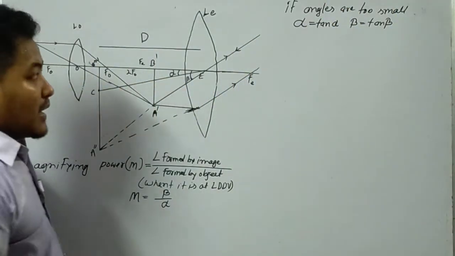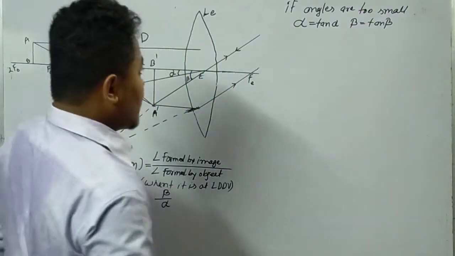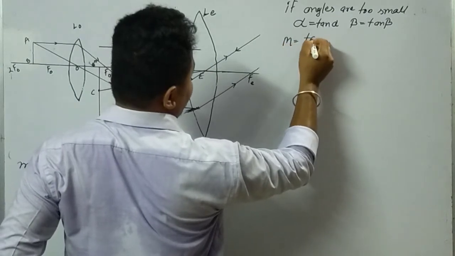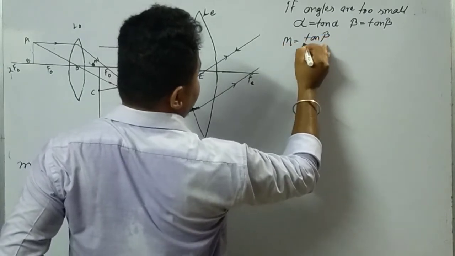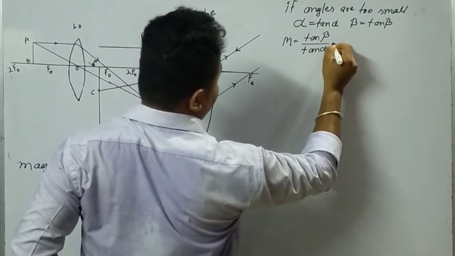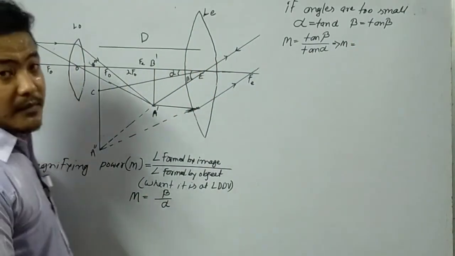Have you got it? And for that the angle should be considered as too small. So I can write that magnifying power M is equal to tan beta upon tan alpha. Okay, now we'll find the tan alpha and tan beta separately.